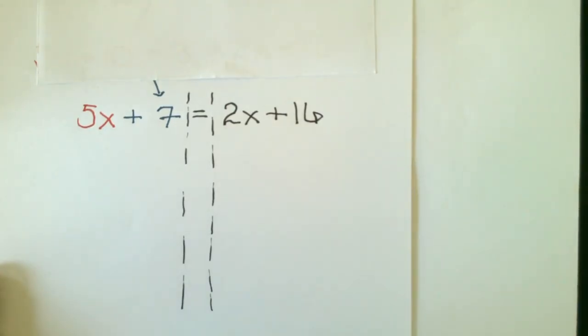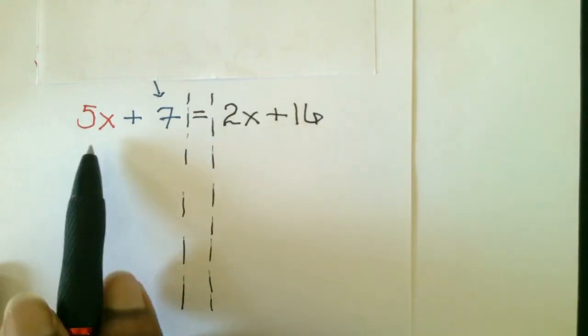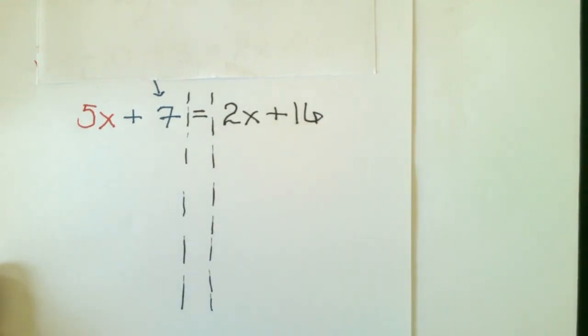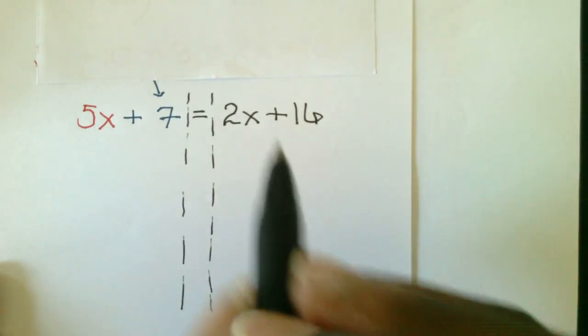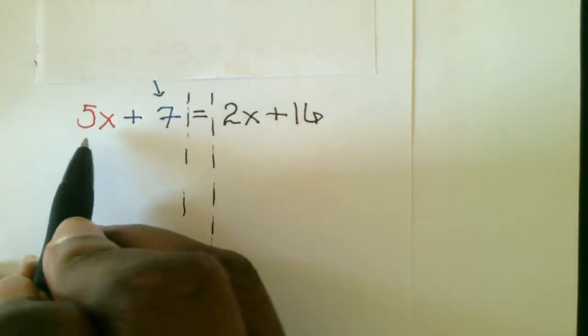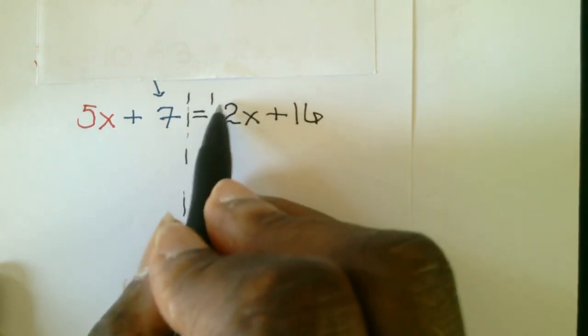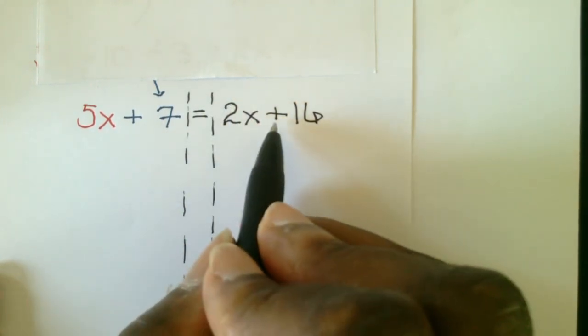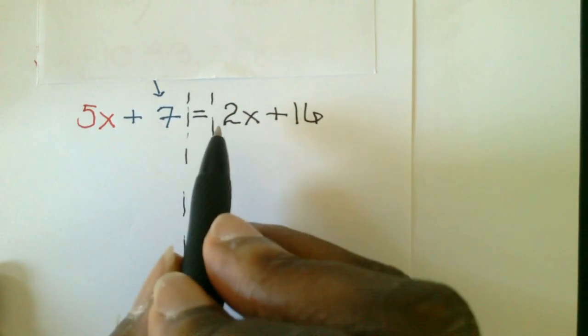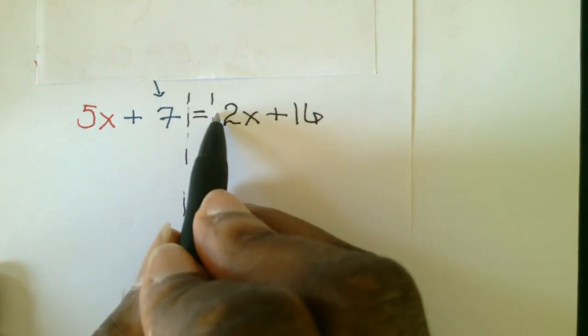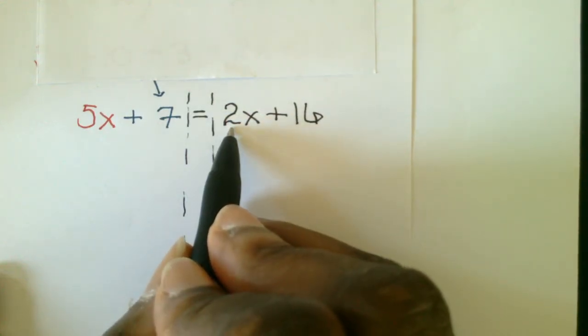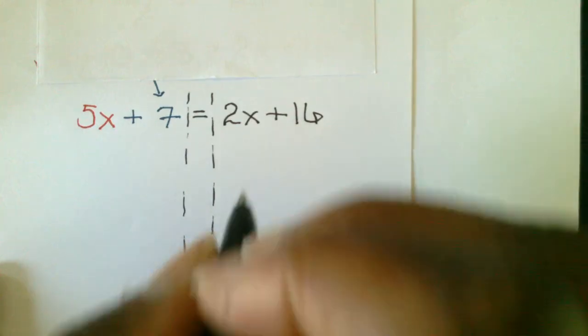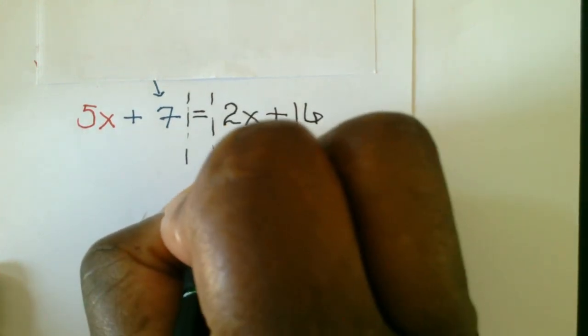So if you want, you can put your variable on the left-hand side. It really doesn't matter. But if I want to move this 2x to the 5x, I have a positive 2x, not because of the plus sign, but because the signage is always to the left of the number. So if we have a positive 2x, that means we're going to do the opposite.